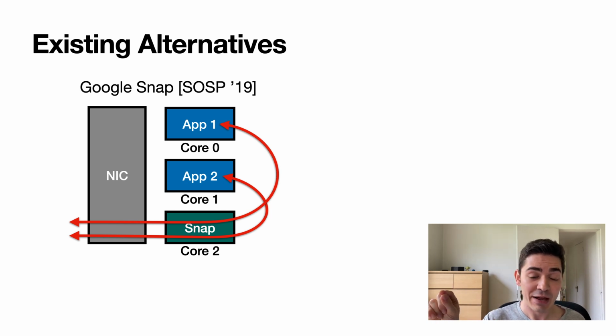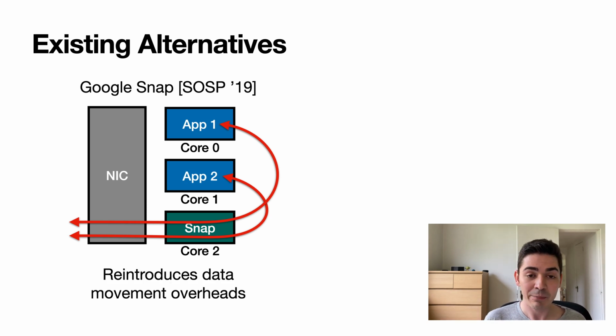And because it forces traffic from all applications to go through Snap, it is able to implement some of these policies we saw that are usually implemented inside the kernel. The problem is that when it does that, it also has to reintroduce data movement overhead, because now data has to hop between different cores before going out or before reaching the application.